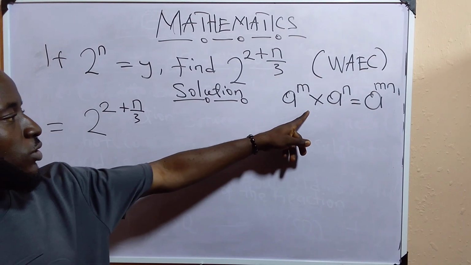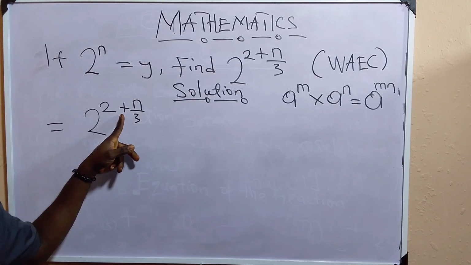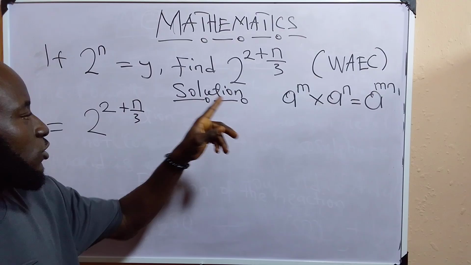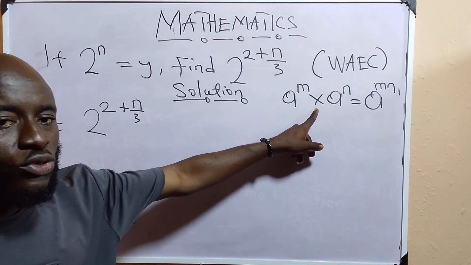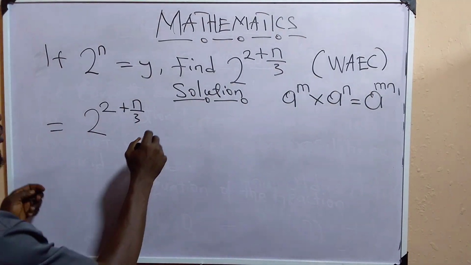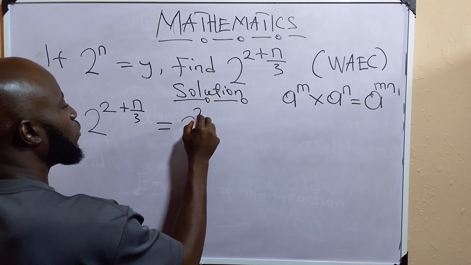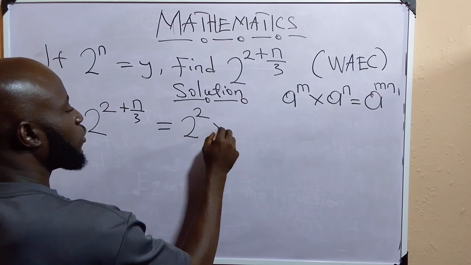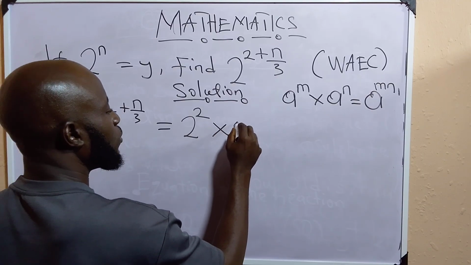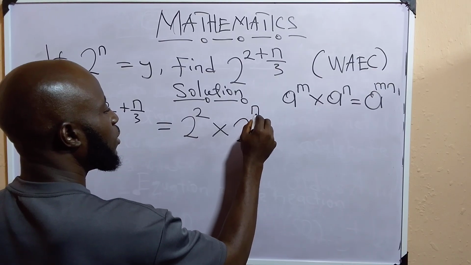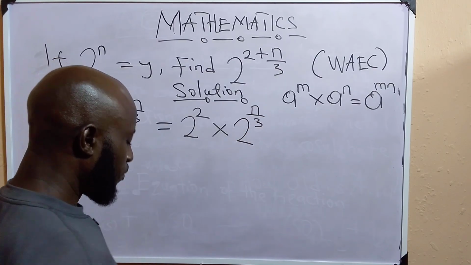According to the law of indices, we have a positive sign here, which is addition. You understand? Raised to an index number, addition here, we change to what? To multiplication. So this question now will be 2 raised to the power of 2 multiplied by the same base, 2 raised to the power of n all over 3.